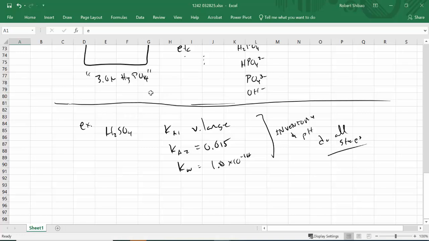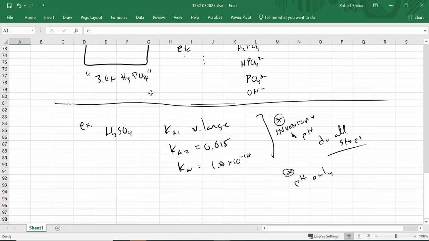However, if I want pH only, do I have to do all the steps? No. Would you do Kw? No. Would you do Ka2? Yeah, this is a special case.